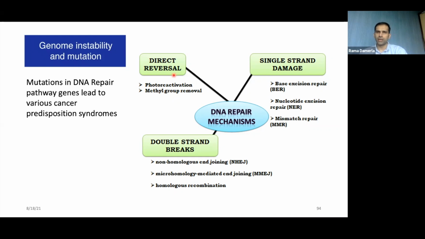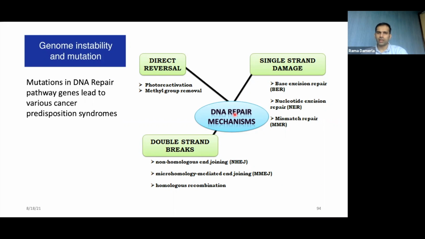That is pretty quick. If there is single strand damage, it usually goes towards base excision repair or nucleotide excision repair. Or if it occurs in a repetitive part of the genome, then there could be mismatch repair. There are also double strand breaks.